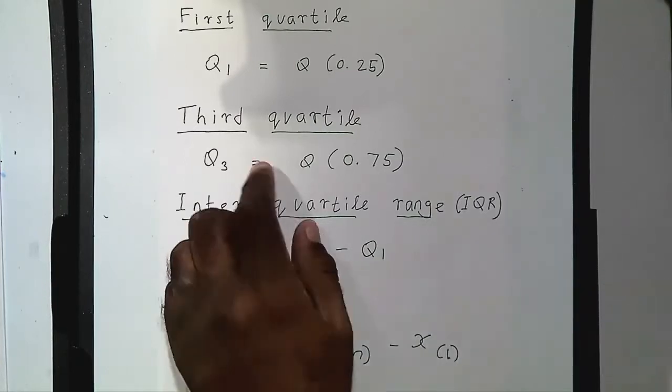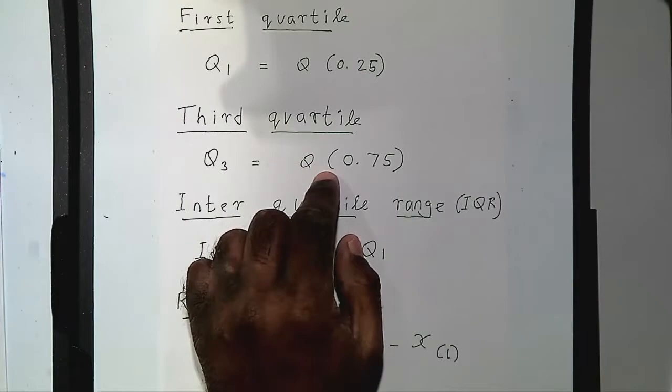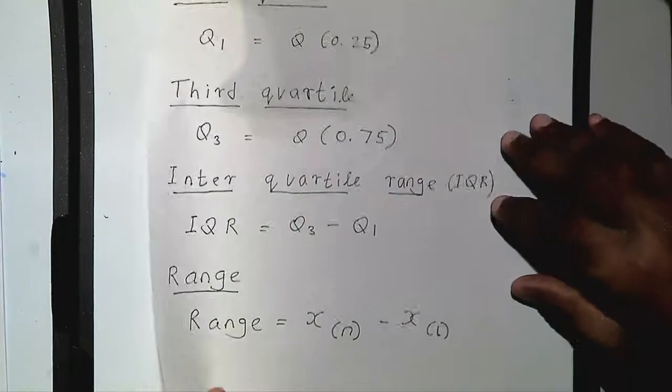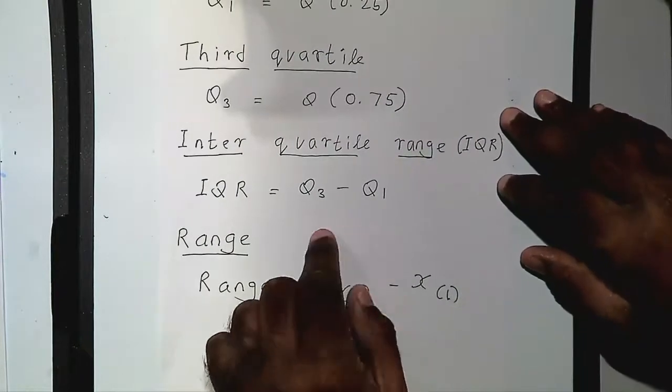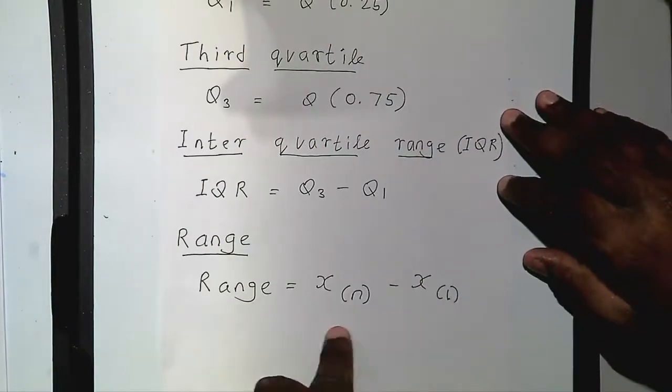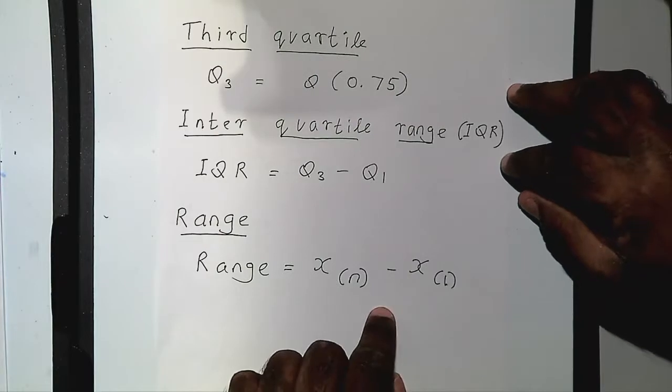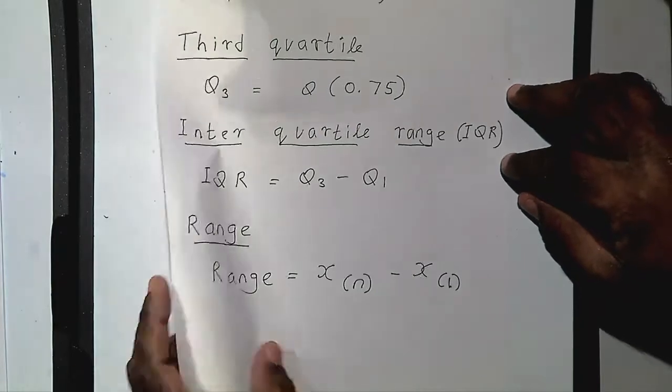The third quartile is Q at 0.75, which is three quarters of the way from the smallest to the largest. The interquartile range is the difference between Q3 and Q1, and the range is the difference between the smallest and the largest data points.